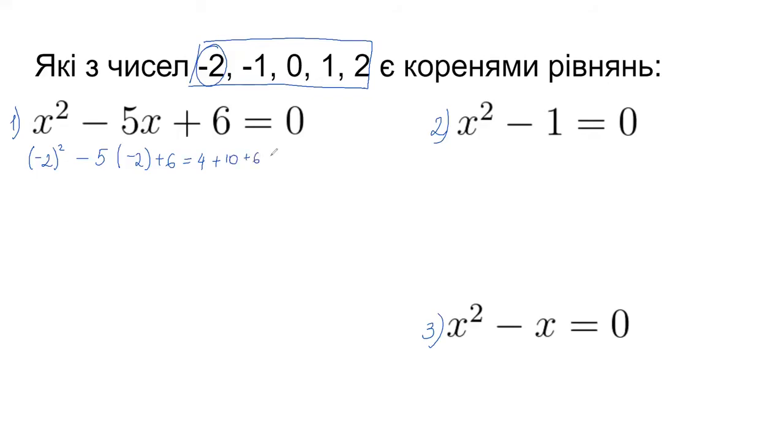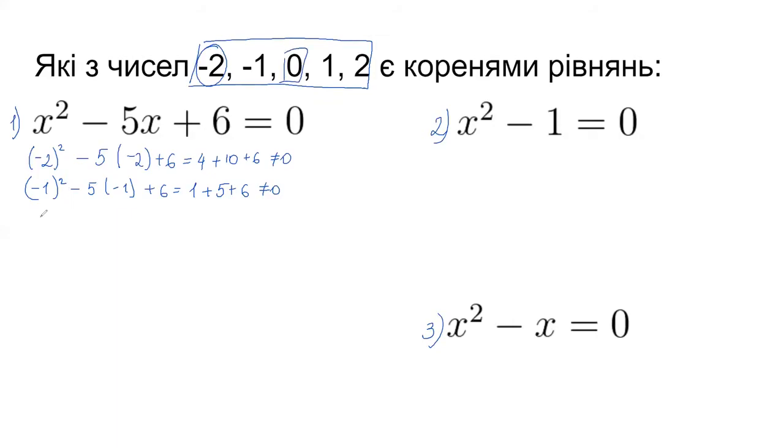So let's simplify it. (-2) squared would be 4, minus 5 times -2 would be plus 10, and plus 6. So we see that we have here a positive number which is not equal to 0. Let's check number -1. (-1) squared minus 5 times -1 plus 6, which is 1, minus 5 times -1 equals plus 5, and plus 6. Again, we have a positive number which is not 0. Let's check 0.